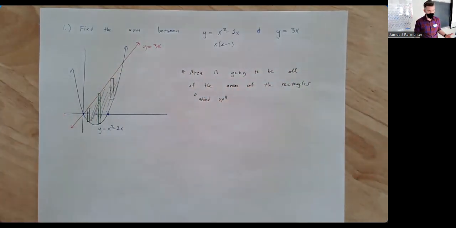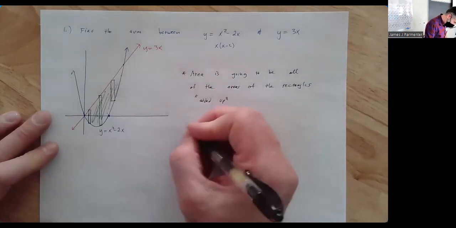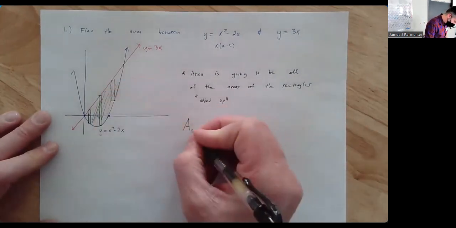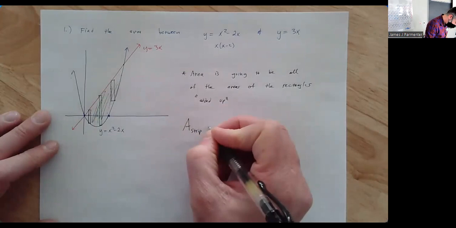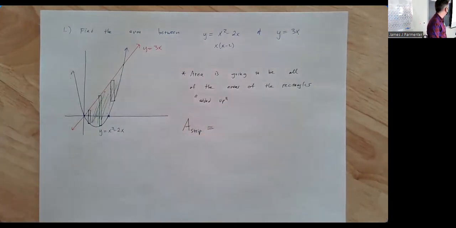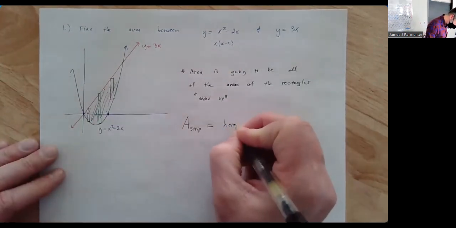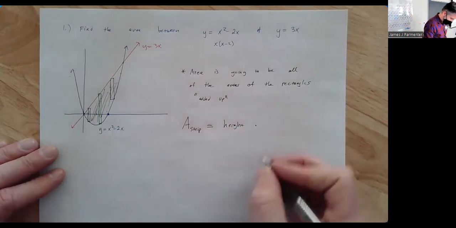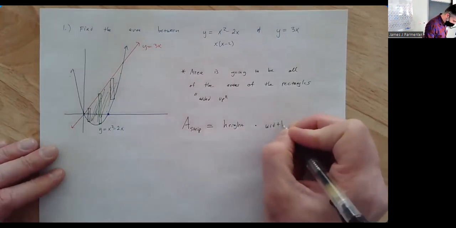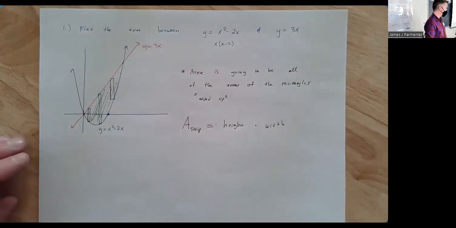And here's what we're not going to do. We're not going to write this area as the limit of the sum from k equals 1 to n of f of whatever times delta x. But here's what we are going to do. We're going to say, well, the area of that strip, that's a rectangle whose height is the top function minus the bottom function, which we'll fill in a second here, and whose width is a small change in x.